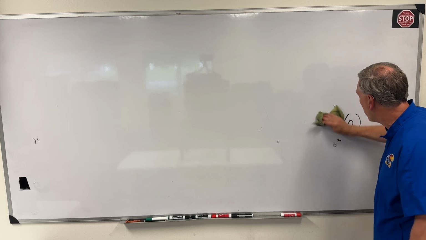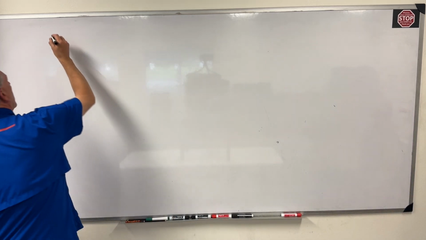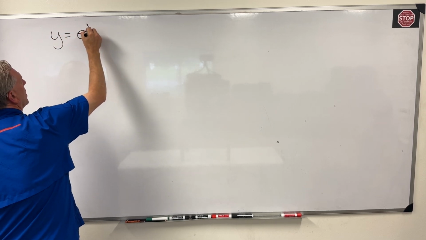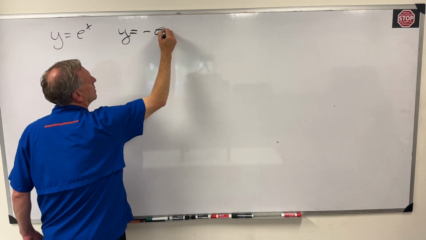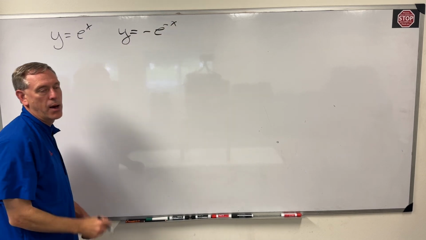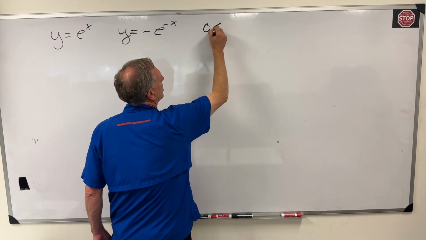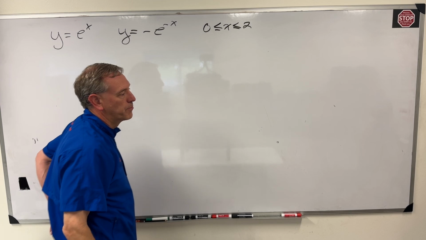This is similar to a problem we did in class, but we're going to find the area between y equals e to the x and y equals minus e to the minus x. That's a bit complicated. And we're going to calculate this from 0 to 2. We'll do it that way.